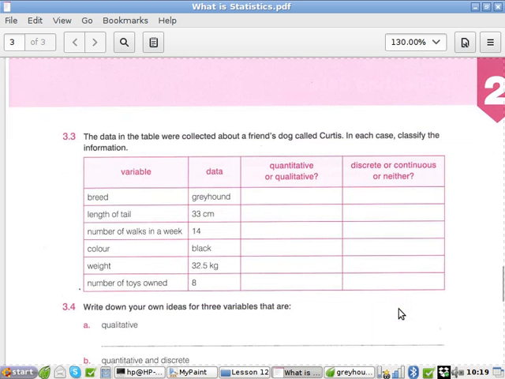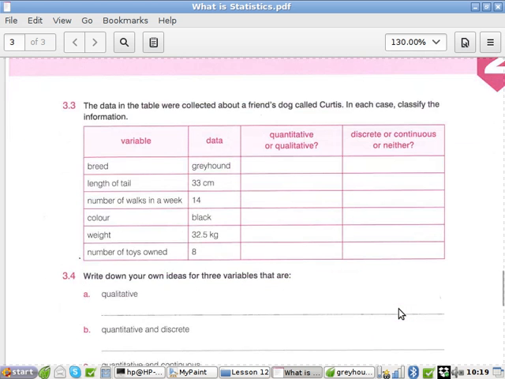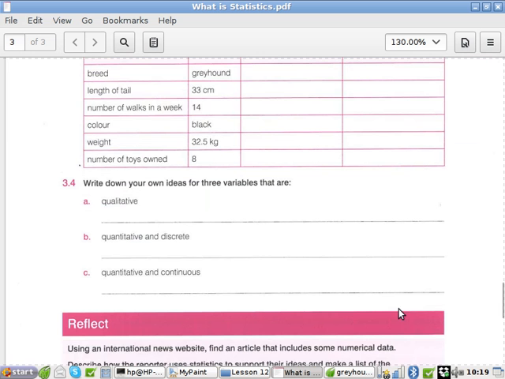Good job. Okay. So what I want you to do now is to give me your example of each: qualitative, quantitative discrete, and quantitative continuous. And try not to give me an example we've done. Try to think of your own example. Make it interesting and exciting. Or at least interesting.